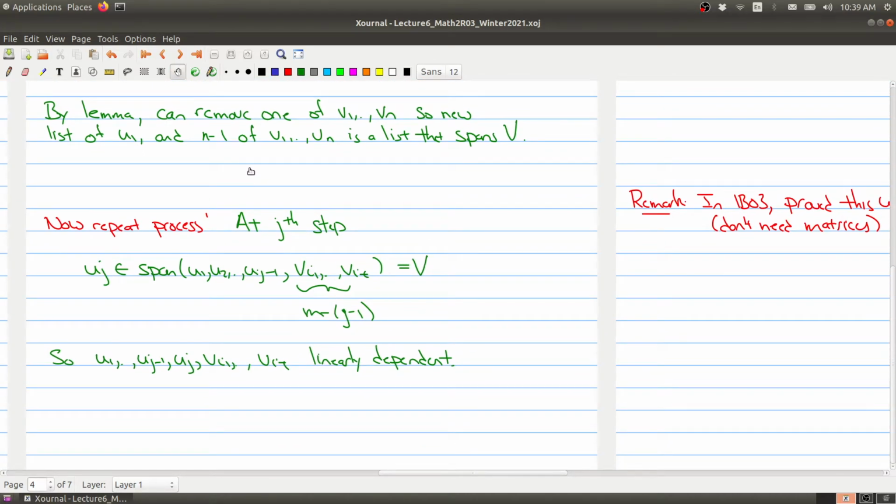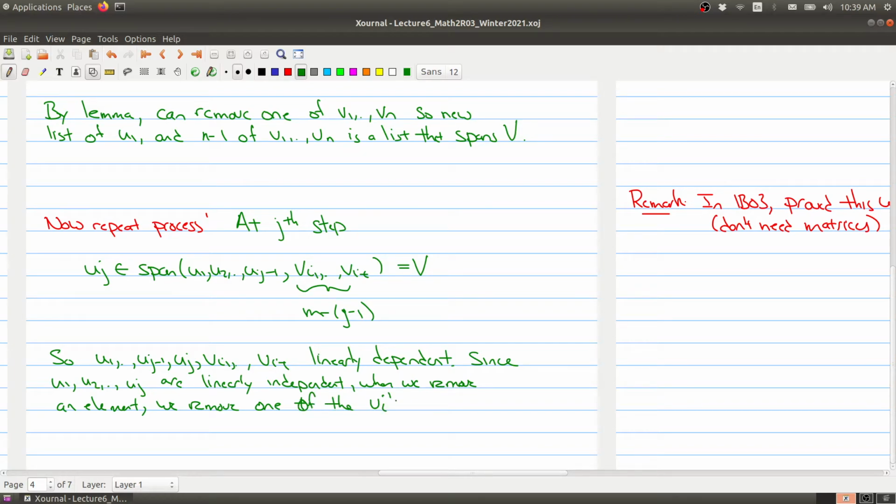And then what happens is, since you know that u1, u2 up to uj are linearly independent, okay, when we remove an element, we remove one of the VIs, right?